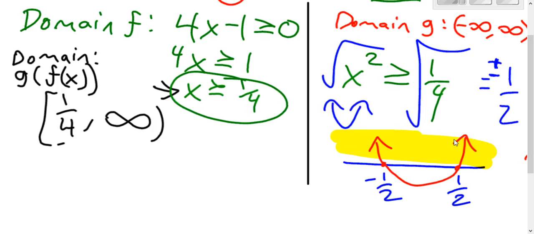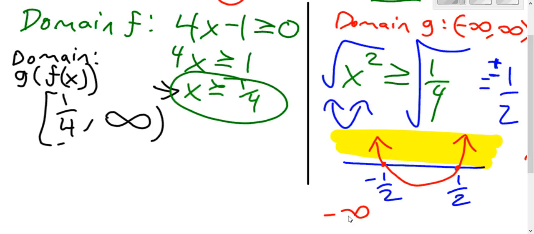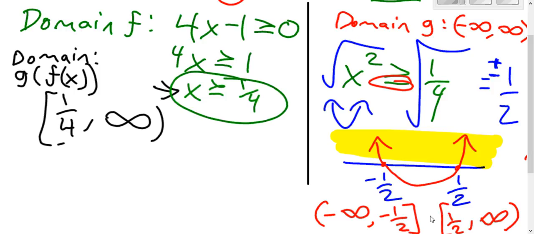That's above, and it's above from negative infinity to negative 1/2, and from 1/2 to infinity. And then since it was an 'or equal to,' it's brackets in those spots.